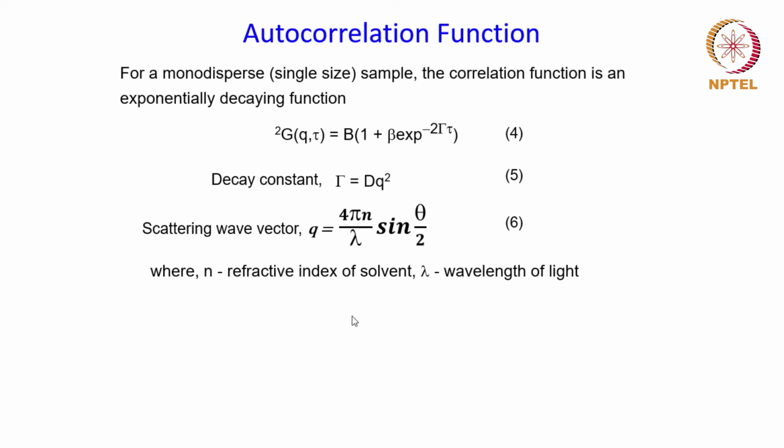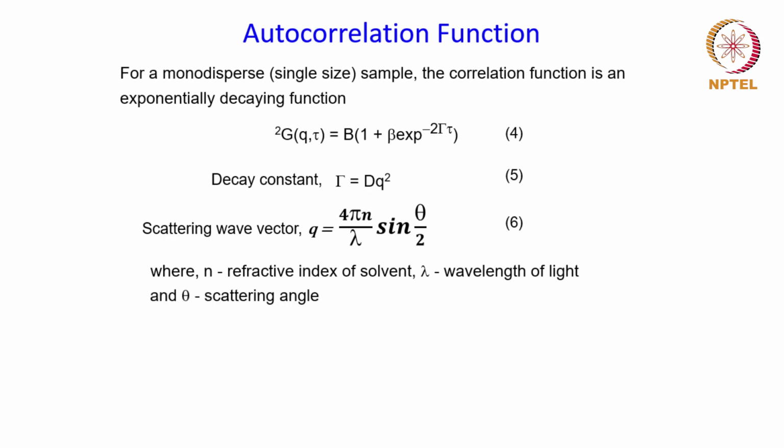And that is how the particle size information can be derived from this autocorrelation function, because it contains that size information and also the scattering angles.